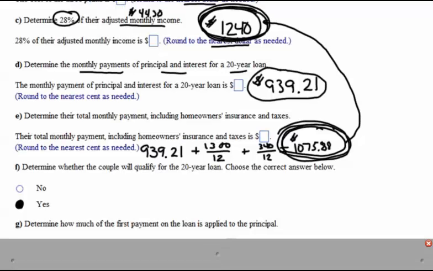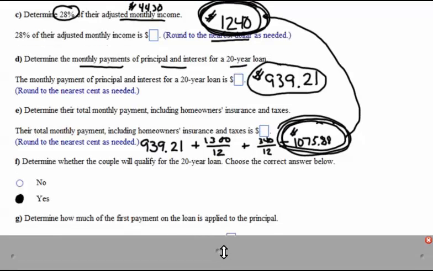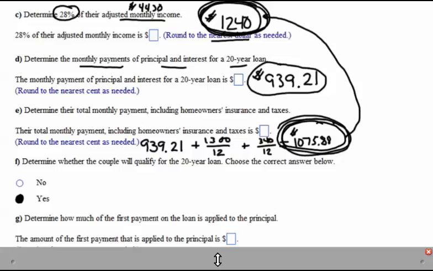The last part of this question says, determine how much of the first payment on the loan is applied to the principal. Well, to know that, we would have to know how much is applied towards interest. So recall, their principal and interest payment is $939.21.